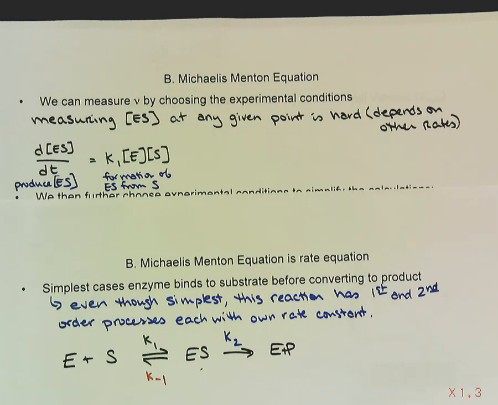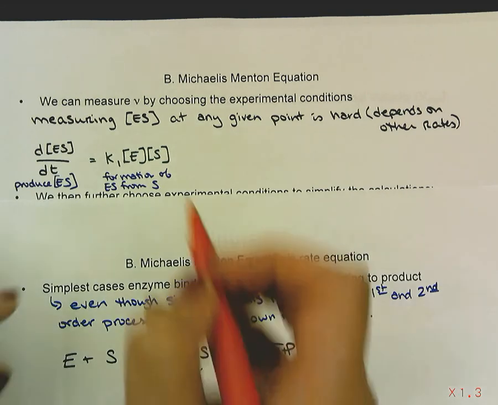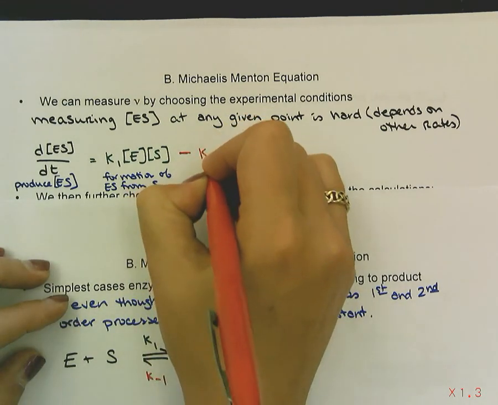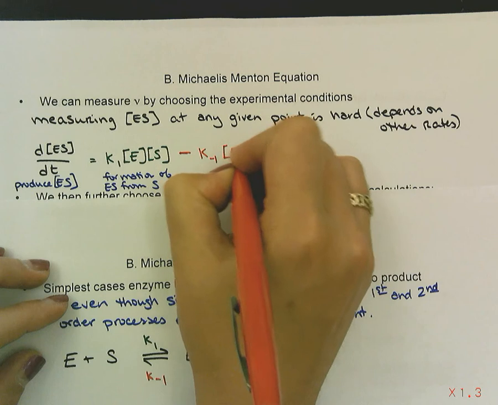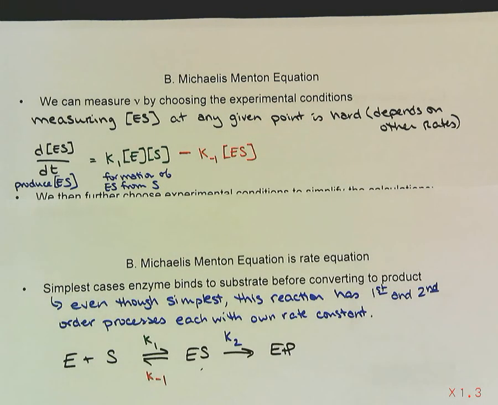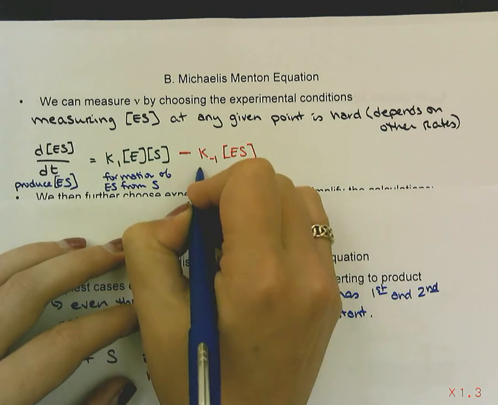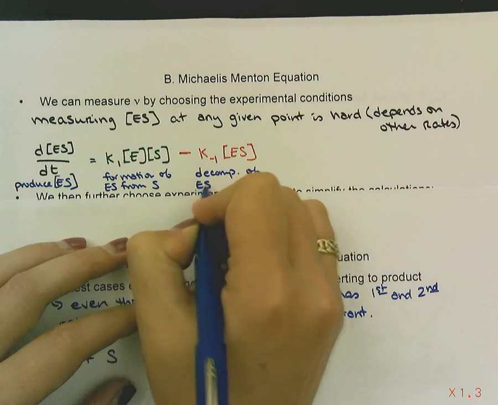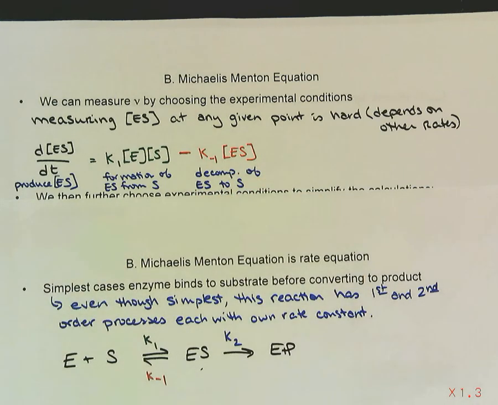Working against us is K minus 1. And that describes the decomposition of the ES back to the S state.